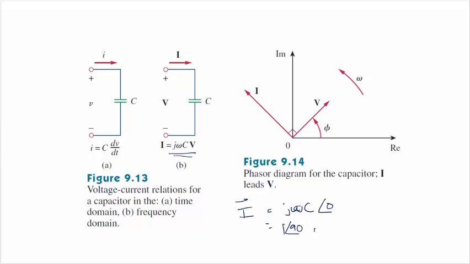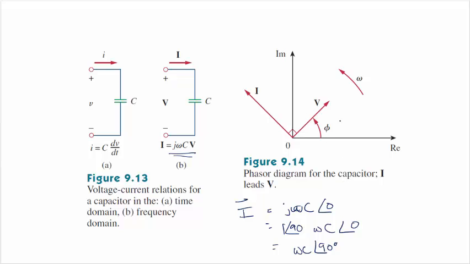Omega C is the magnitude, so I would then equal omega C at 90 degrees. Compared to V, I is ahead of V by 90 degrees.